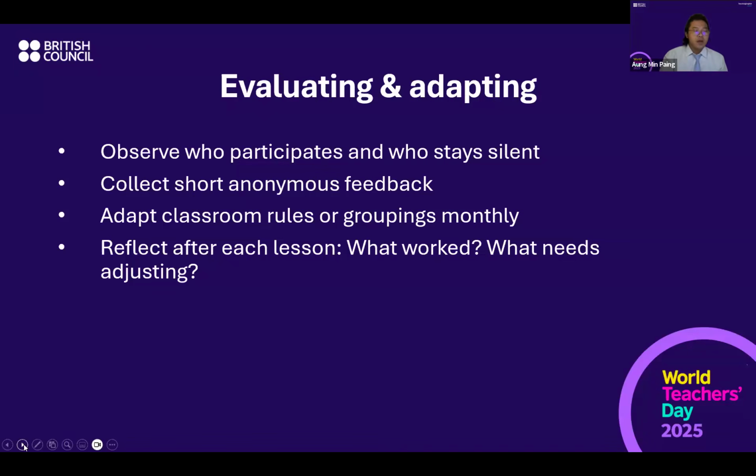Secondly, collect short anonymous feedback. We sometimes ask for anonymous feedback, and we can collect it and adapt the classroom rules and grouping monthly. It'll be a good way. And reflect after each lesson on what works and what needs adjusting. For example, we teachers need to do self-reflection.